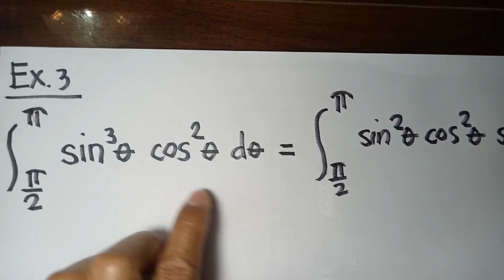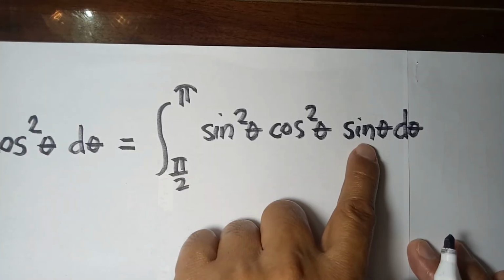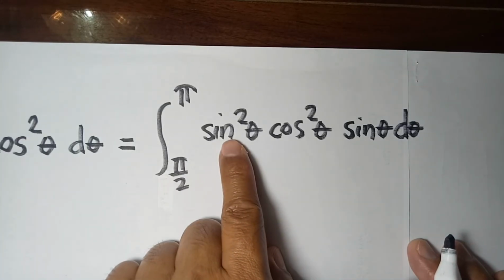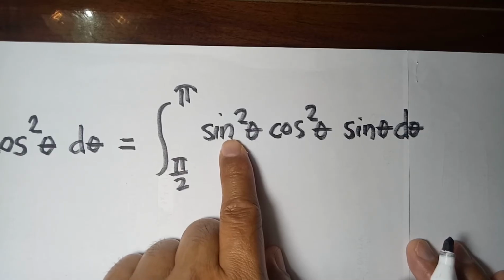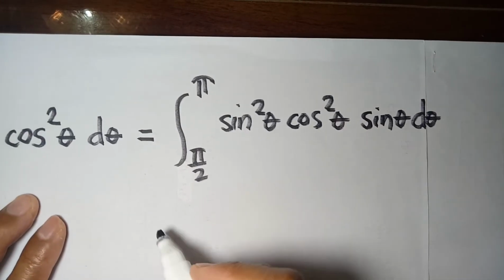Okay? So, yung sine cubed ay sine squared times sine. Tapos yung sine squared, lilipat natin sa cosine squared. So, yung sine squared equals sa 1 minus cosine squared of theta.